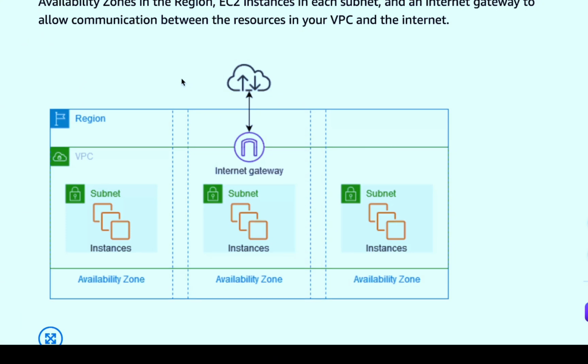So this is the VPC, and it has one subnet in each of the availability zones in the region. So each availability zone has its own subnet, and inside the subnet there are instances, and an internet gateway to allow communication between resources in a VPC. So this is a VPC, and the VPC has an internet gateway which you can connect.